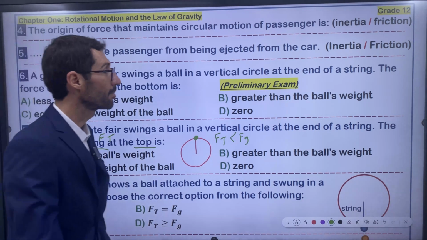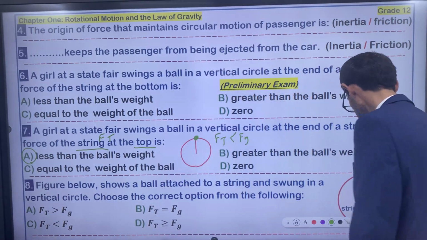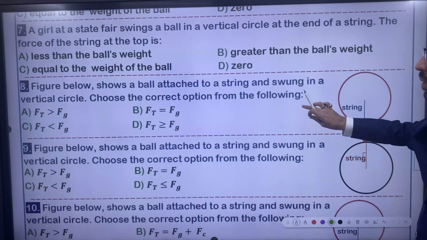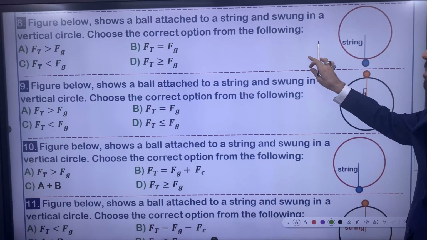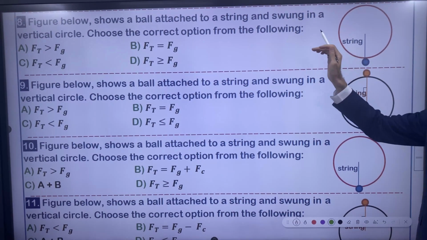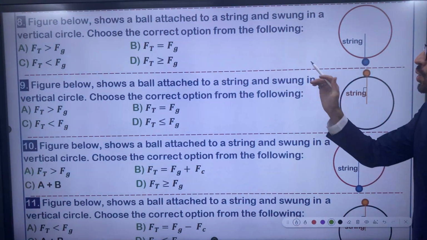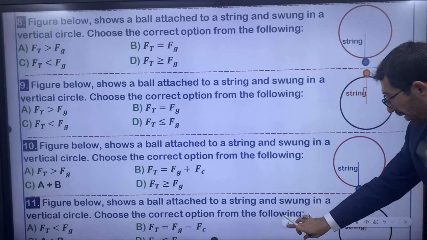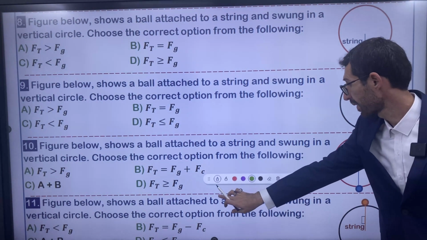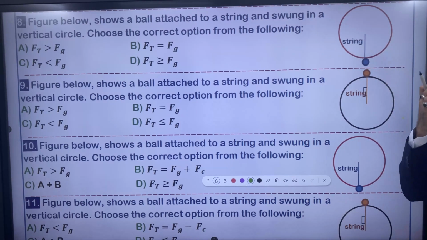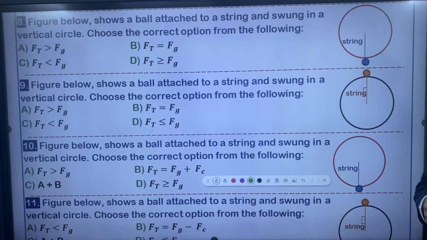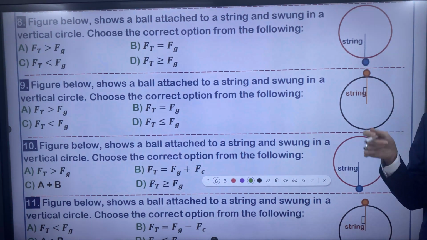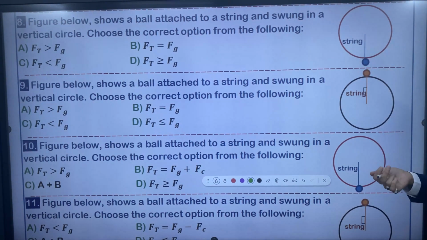Question number 8. Let me read question number 8 for you. The figure below shows a ball attached to a string and swung in a vertical circle. Choose the correct option from the following. Actually, I prepared 4 questions having to do with the previous phenomenon, swinging the ball in a vertical track, for better understanding.